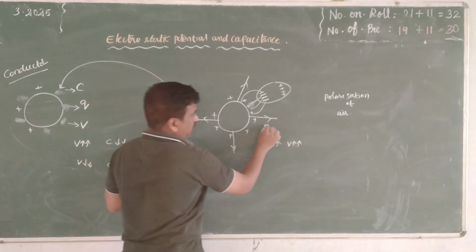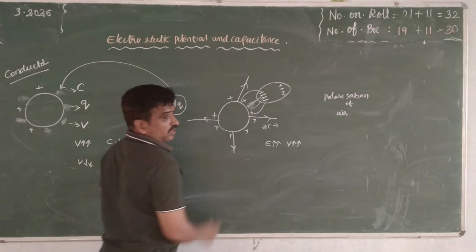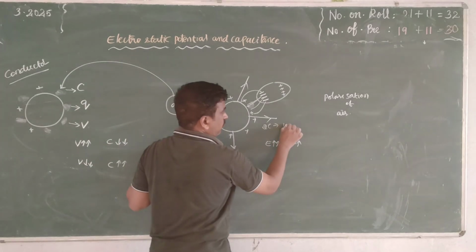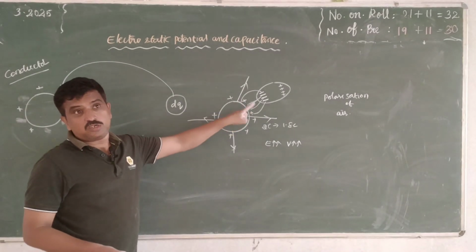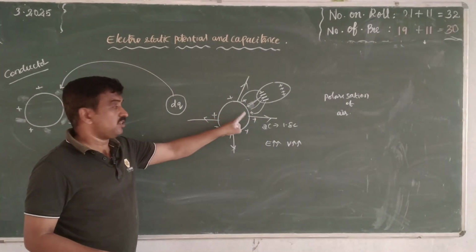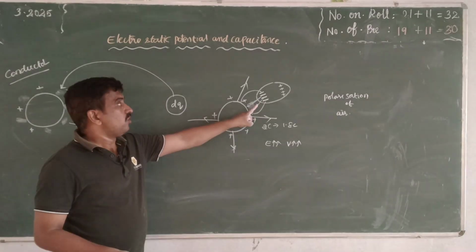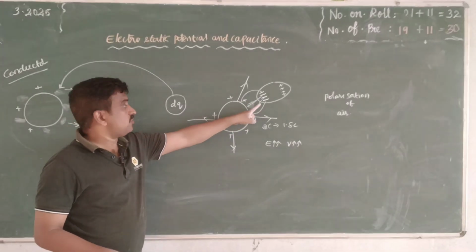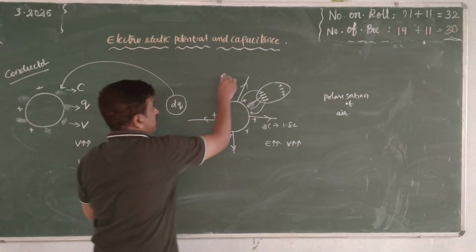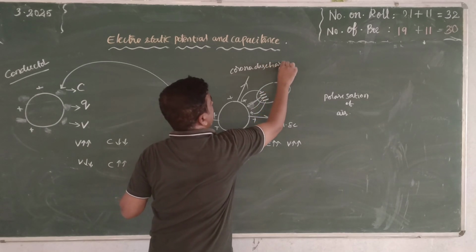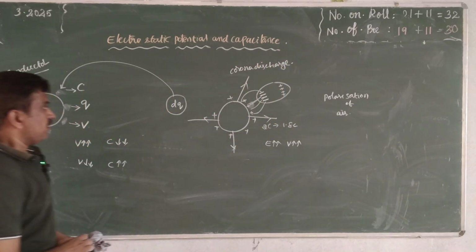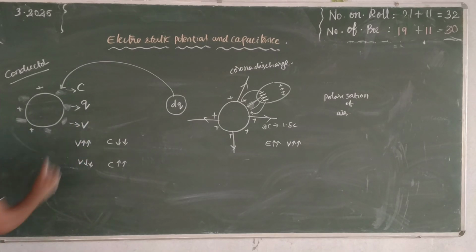For example, if this charge is 2 coulombs, because of this neutralization or discharging, 1.8 coulombs remains. This process of discharging of charge, due to the strong electric field and polarization, is what we call corona discharge.